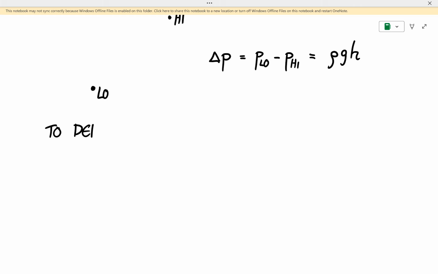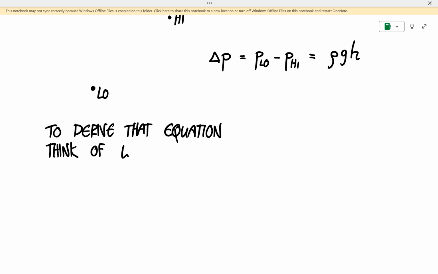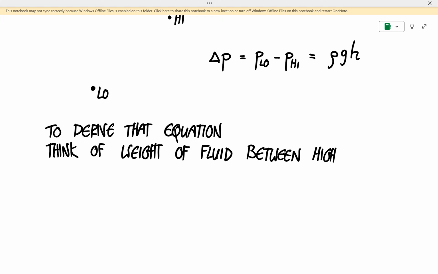So if you ever want to derive that expression, think of the weight of the fluid between the high point and the low point.